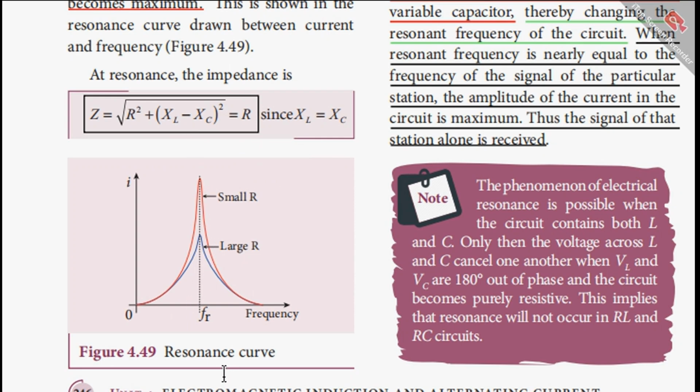So this is the resonance curve. For small values of resistance R, the current will be maximum, and for large values of R, the value of current will be less, at a particular frequency called the resonant frequency Fr.